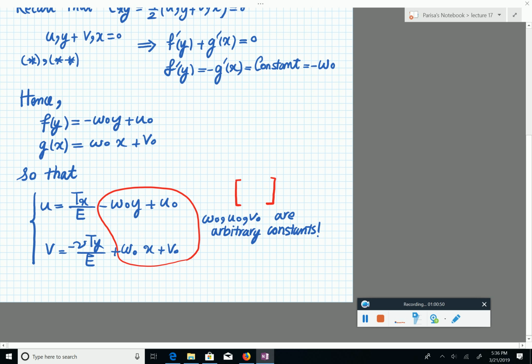Remember, derivative with respect to x, y, x, y. So it will be here 0, negative omega 0, omega 0, 0, right? How does it look? It is skew symmetric. It is that infinitesimal rigid body rotation we talked about before. So you can't constrain it. So your solution is unique up to this point, and you see why.